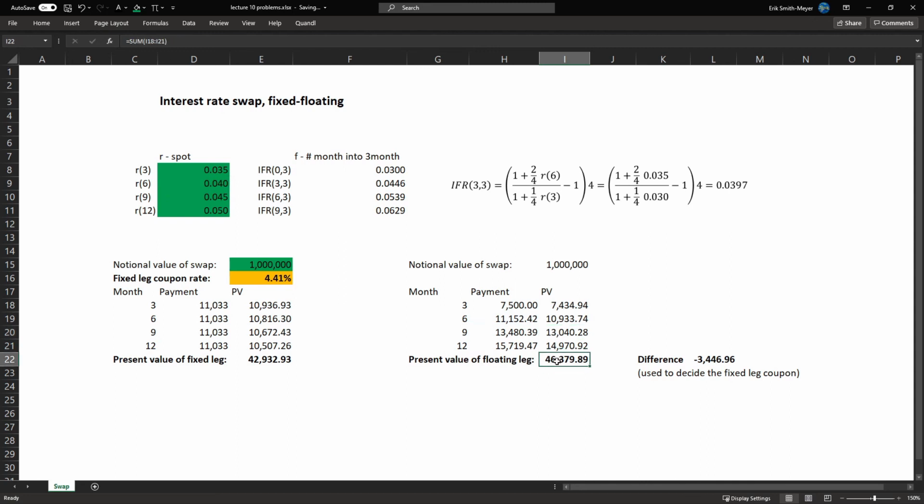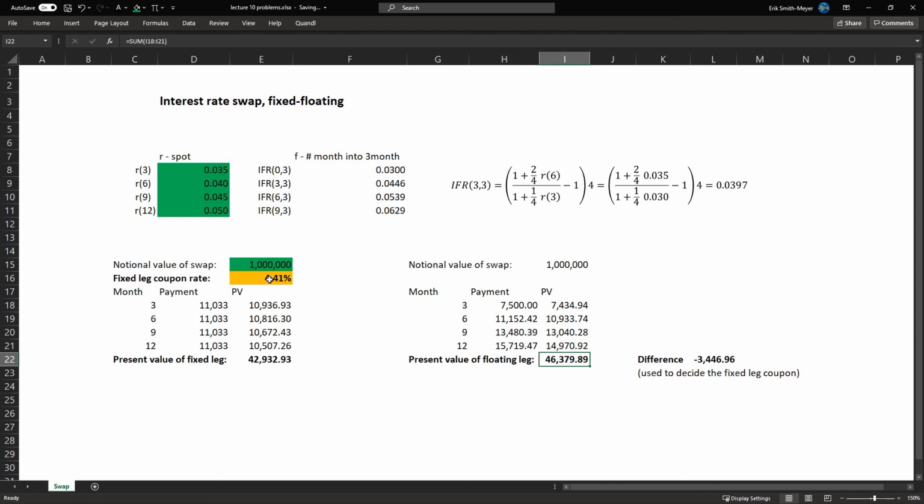And how does this change compare to the change of the fixed leg? Well, the payment for the fixed leg is fixed, right? Hence the word fixed leg.